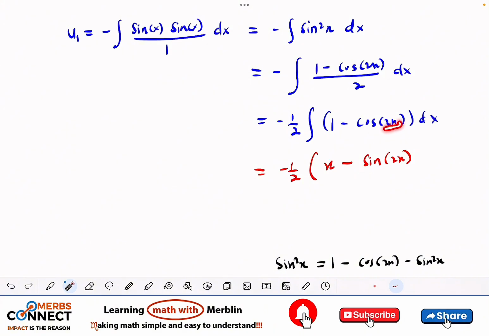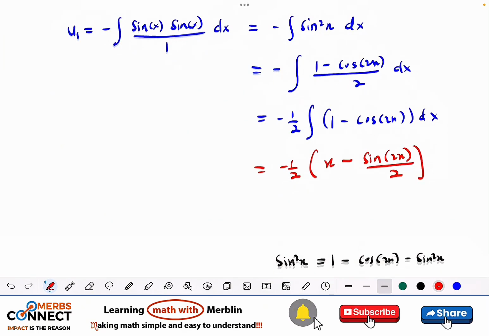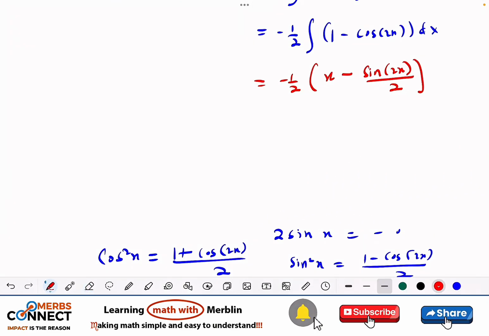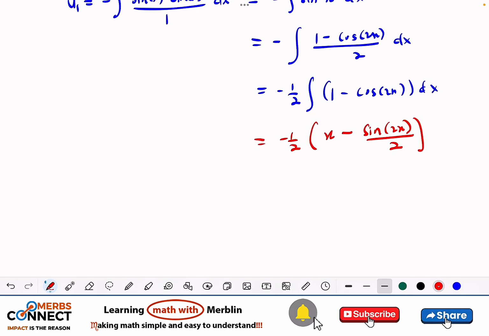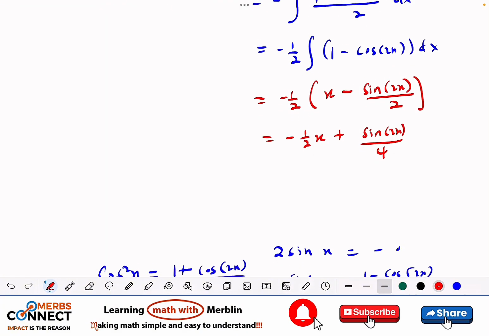So when I finish, I need to do something to the 2x. So I'll differentiate 2x and get 2 and use it to divide. So that is one thing about how to do integration. So this is what I'm going to get for my integration. And when I multiply through by half, I'm going to have minus (1 over 2)(x plus sine 2x divided by 4).